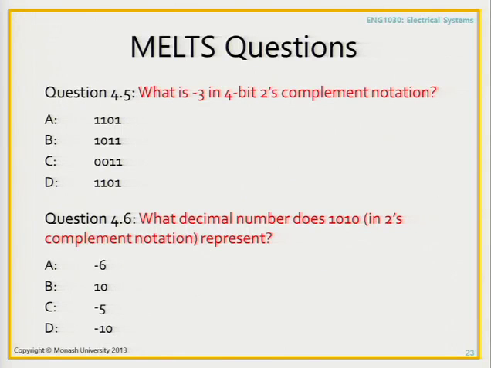Now, the important thing here is the question states 2's complement notation, and that implicitly means that the first bit is a sign bit. Okay, you can't have negative numbers without a sign bit. Okay, so have a go of that.